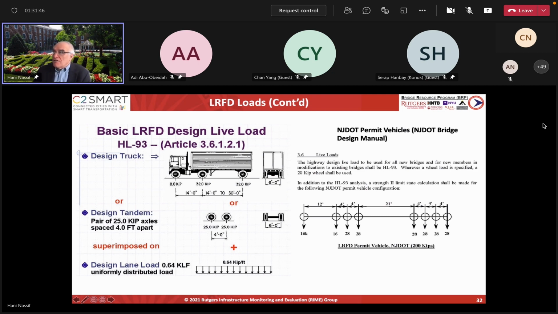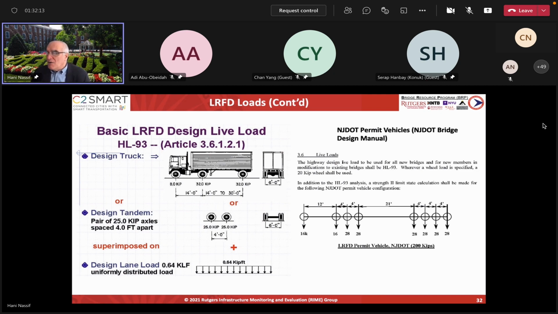In the new HL93, these were combined. So for very short spans, like 20 to about 40 feet, this will usually control, and for spans above 40 or 50 feet, this will control. So now you have this plus this, or this plus this. So the lane load is used jointly with the truck load or the tandem.